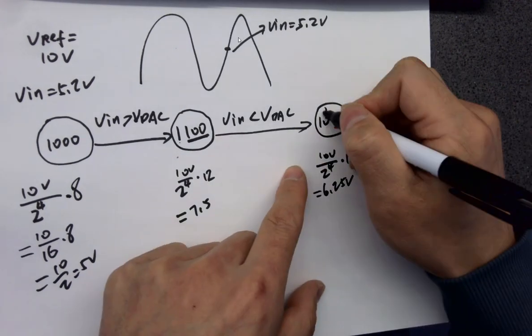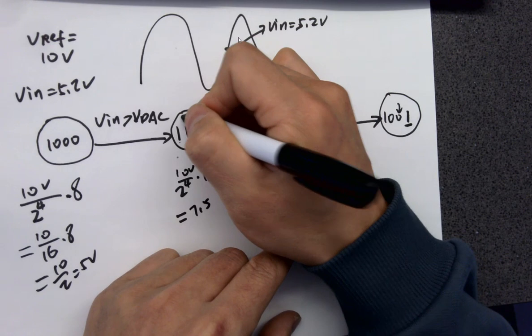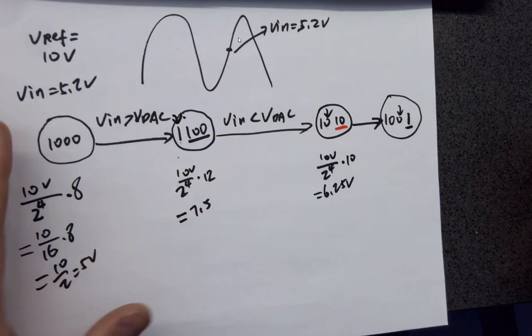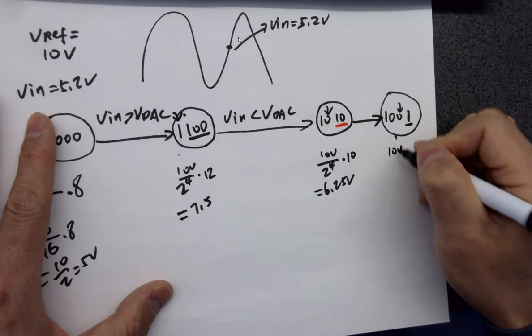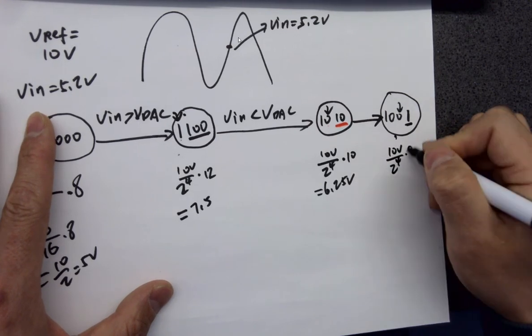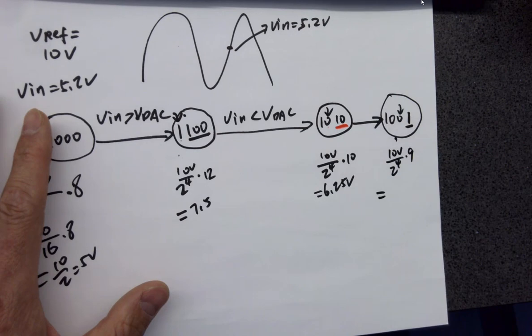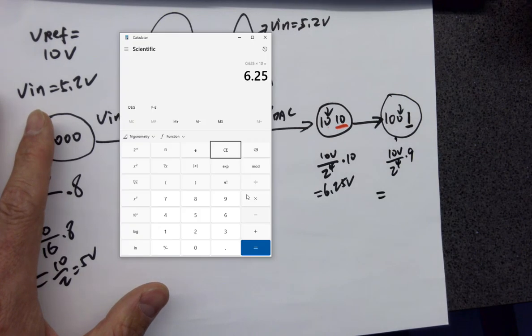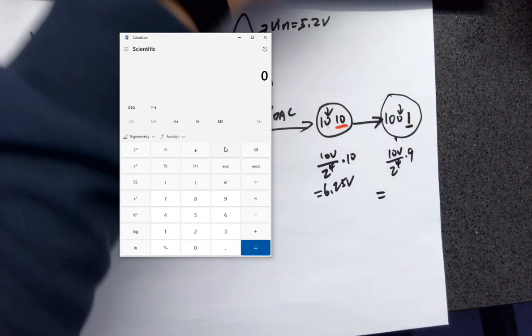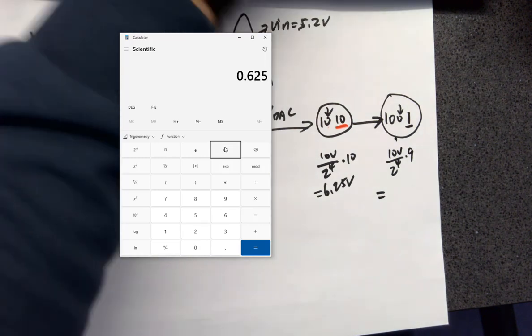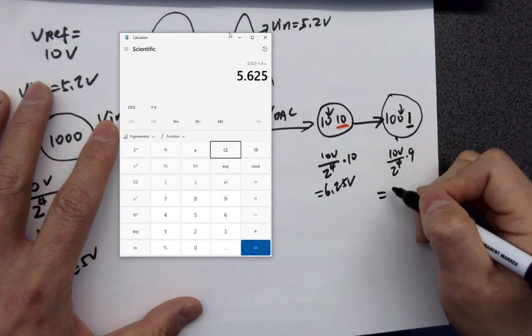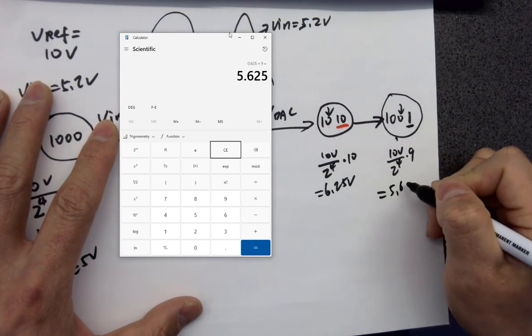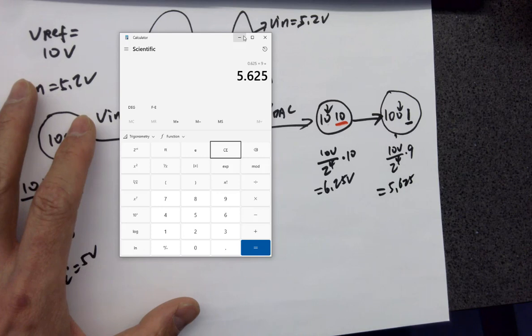Okay, that's the one you plugged in there. So what is this value? 10 volts divided by 2 to the 4th times what? 9, right? And this is 0.625 times 9. This is 5.625 volts.